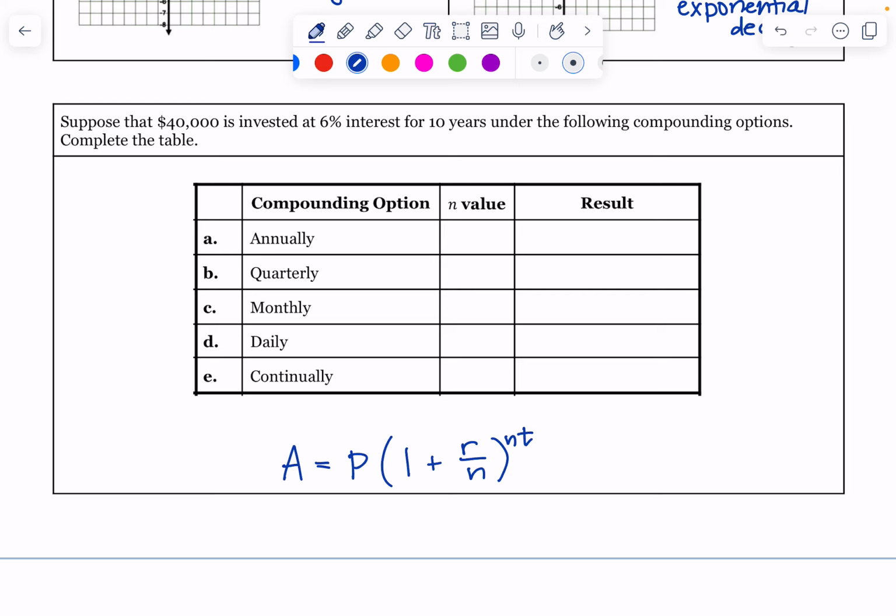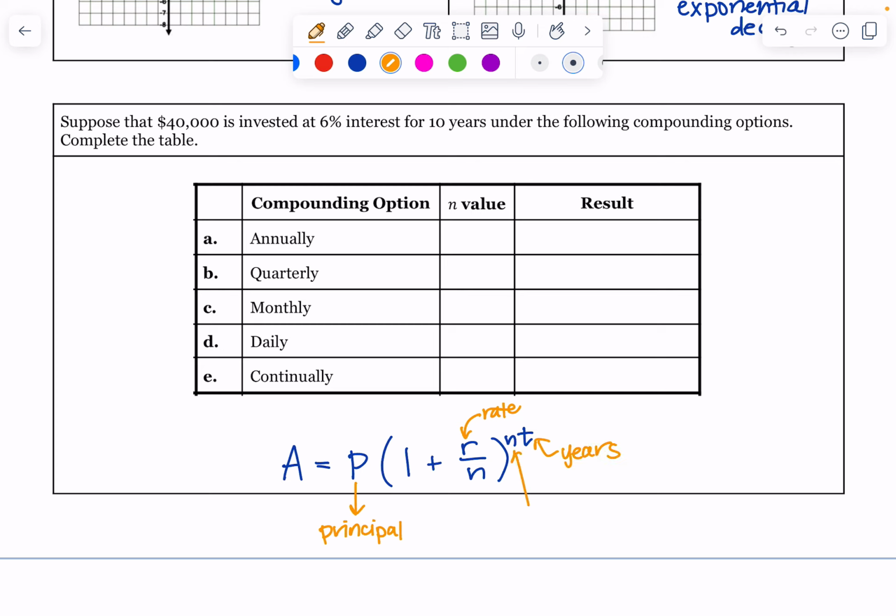Okay, and what all of this stands for is: P is principal, so I'll use a different color here. P is the principal amount, so starting point. R is going to be the rate as a decimal. T is years.